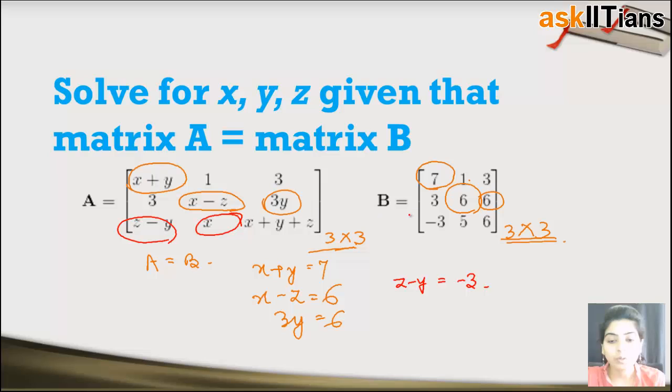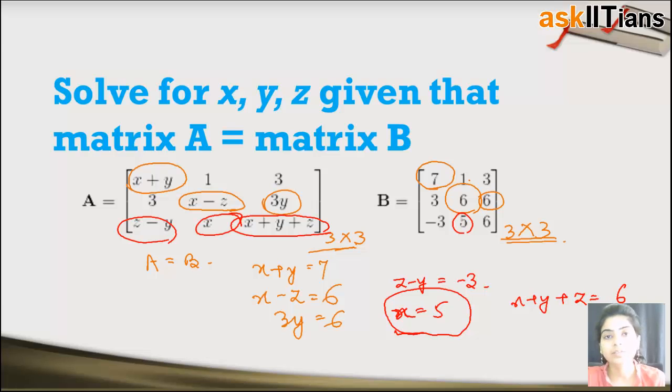x is equal to 5. So this is simply giving me the value of x directly, in fact. So we get x equal to 5. I can get another equation, x plus y plus z is equal to 6. So see, I have got x equal to 5.